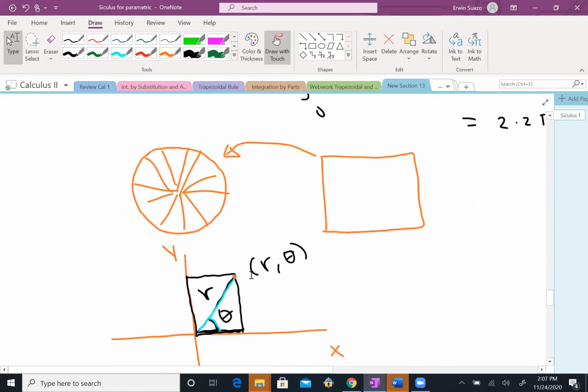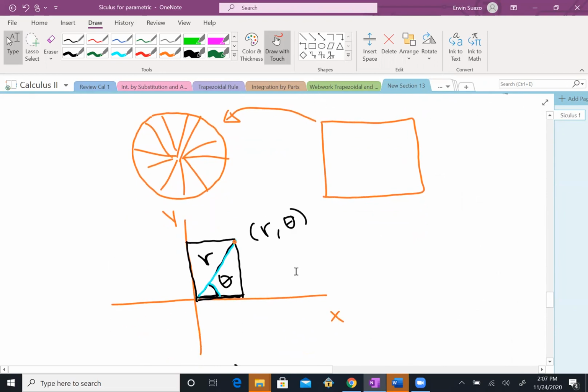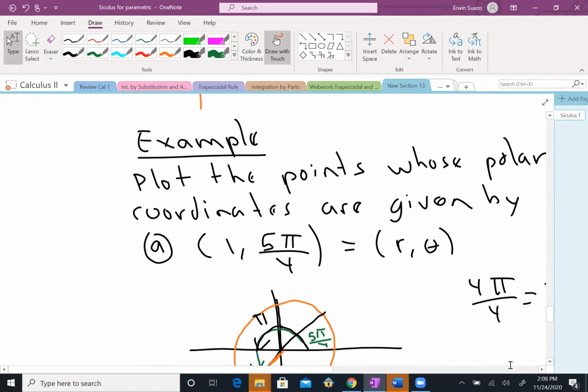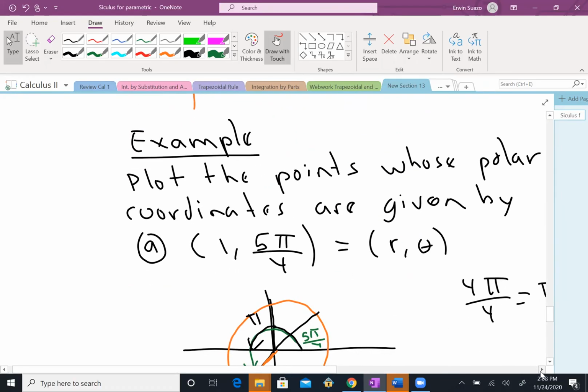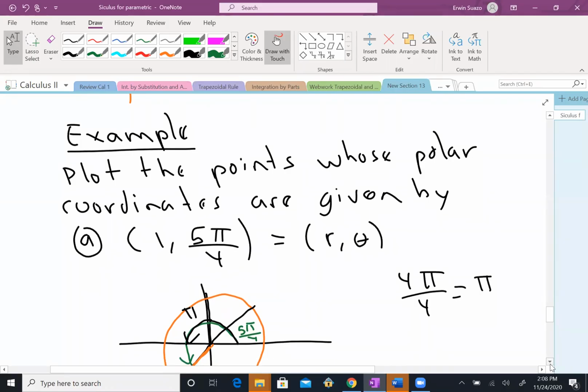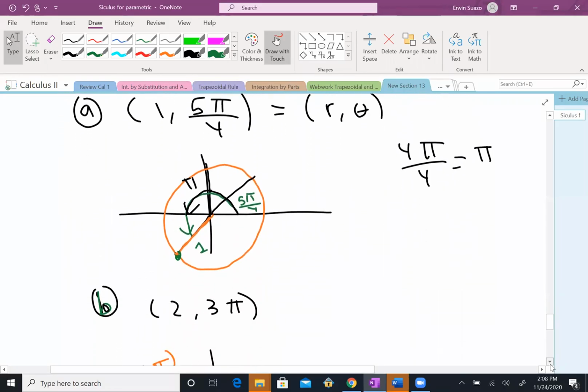So basically every point has two coordinates: the first is the radius, the second is the angle. And then we were converting points, we were graphing actually. We were graphing these points in polar coordinates, okay? So where were those points in polar coordinates? That's what we did last class.